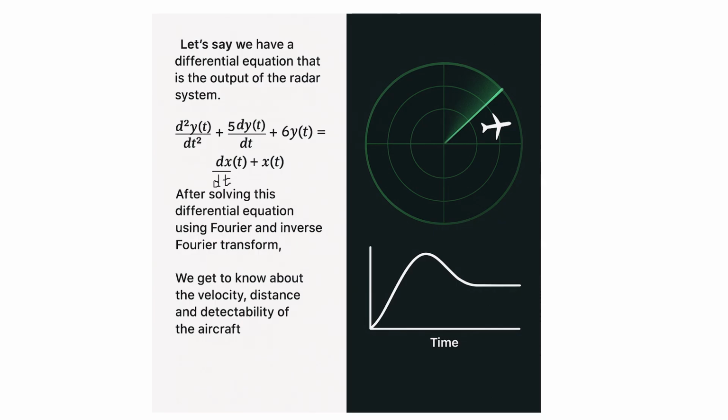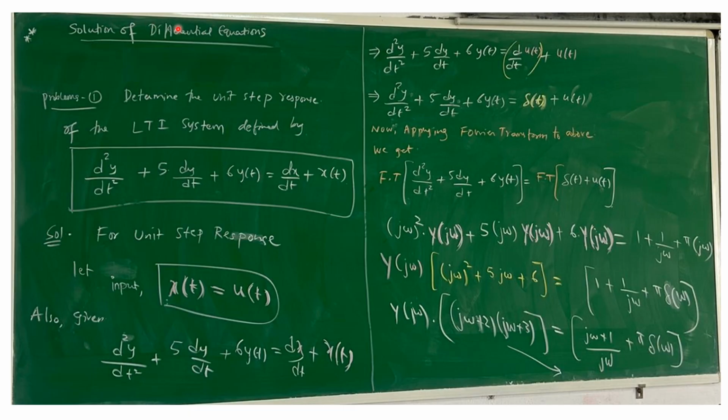So in conclusion, what we have said so far is the radar gives us the differential equation that needs to be solved using Fourier transform. Coming to the solution of the differential equation that was derived previously, d square y by dt square plus 5 dy by dt plus 6 y of t is equal to d by dt of x of t plus x of t.